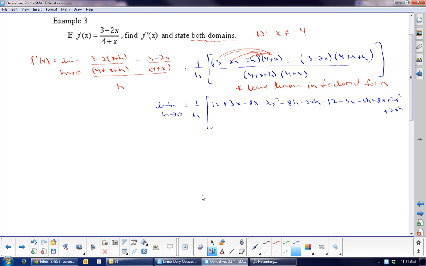And that is all over 4 plus x plus h times 4 plus x. I brought my next, so that's positive 2, and then I just multiply that to everybody.